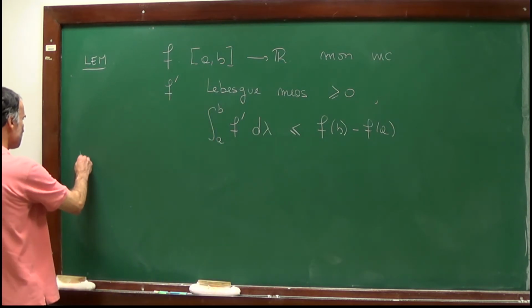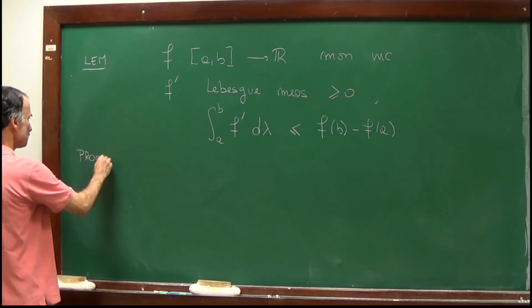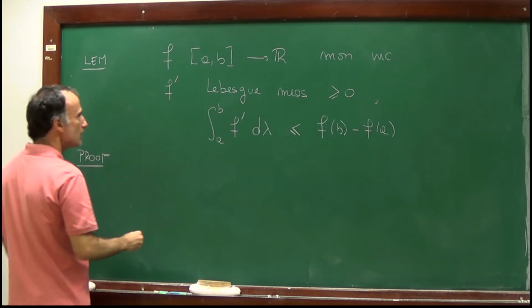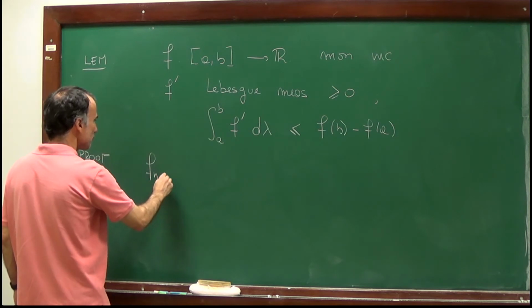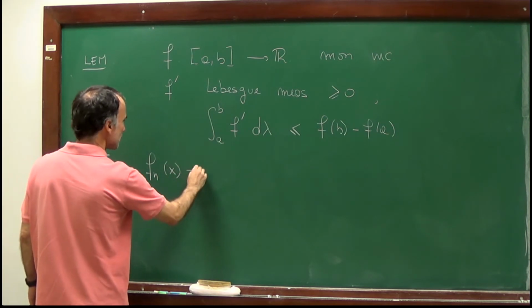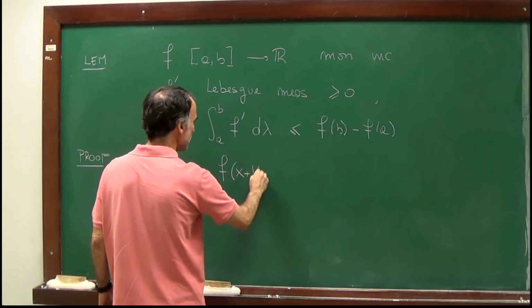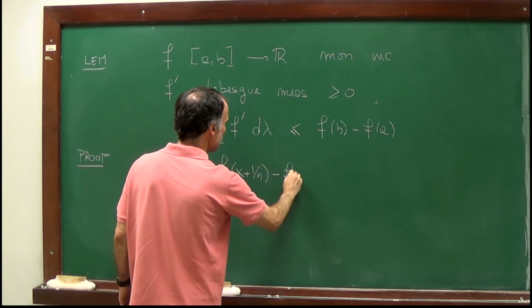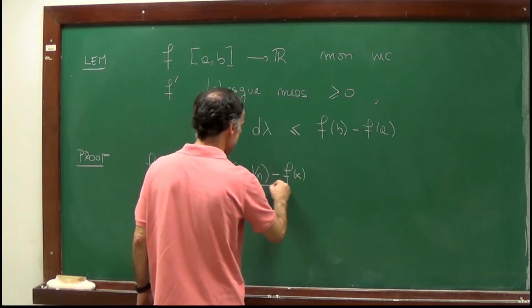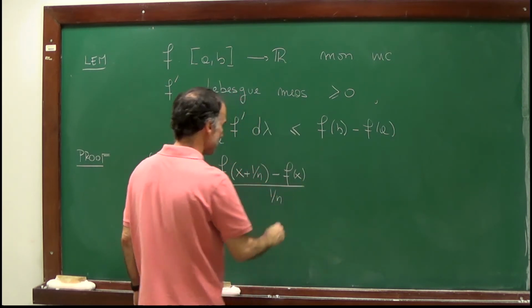So let's prove it. Let me define a new function, f_n, which at x is equal to f(x plus 1 over n) minus f(x), and this is divided by 1 over n. Okay?